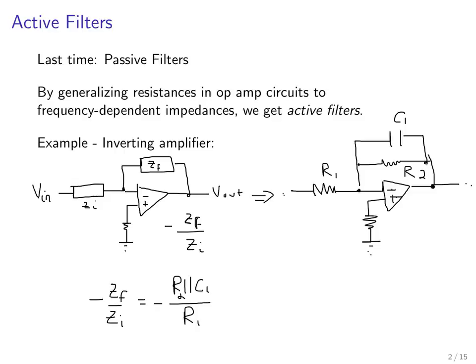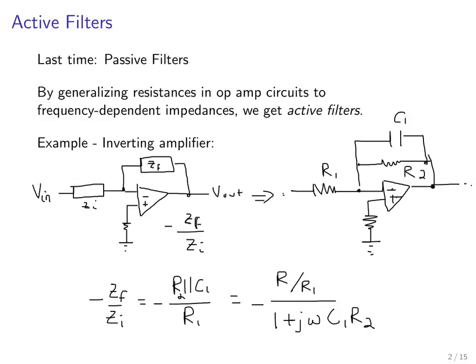And if you work that out, what you get is minus R2 over R1, divided by 1 plus j omega C1 times R2. So interestingly, it's only the components in the feedback network that actually determine the frequency dependence of this filter, and the input resistance only determines the overall scaling of the transfer function.